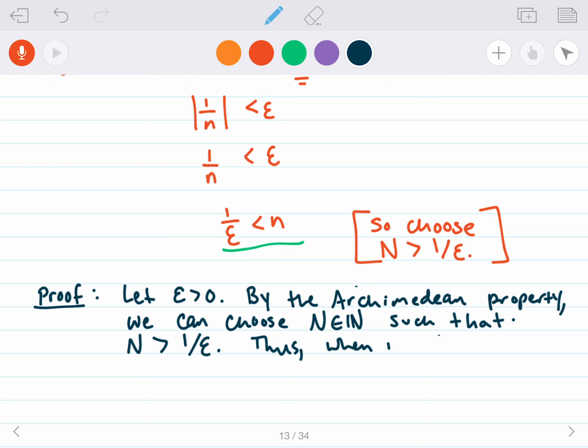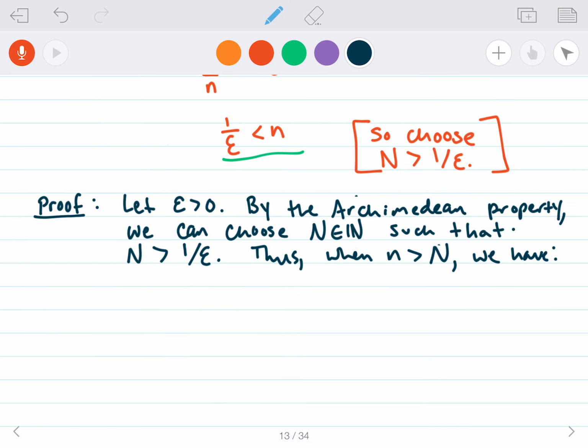Thus, when little n is bigger than capital N, we have... okay, so we need to let little n be bigger than capital N. That's the hypothesis. We're trying to prove that implies the inequality.